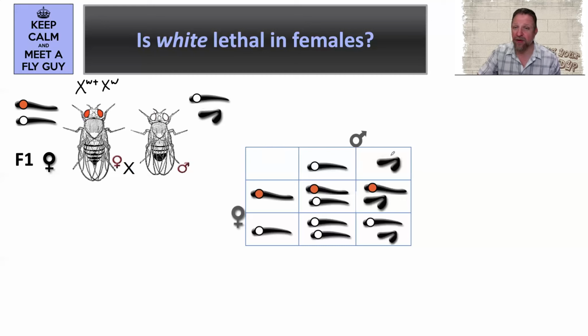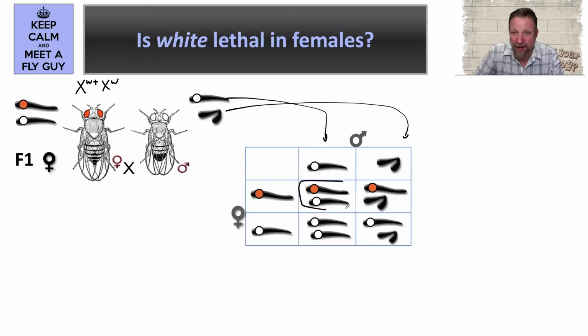Half of them are going to have the white-eyed X chromosome, the other ones are going to have the Y. Okay, and so if we figure out our table right here, this one is right here, this one is right here, and then these are the ones from the female, what we see is that we get four different kinds of fruit flies. This one right here is a female, 2 X chromosomes, and one of them has the wild type red allele.